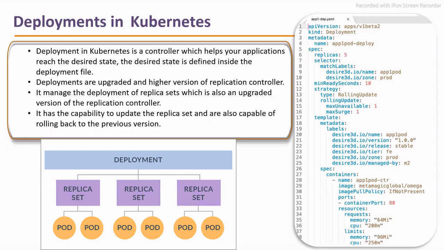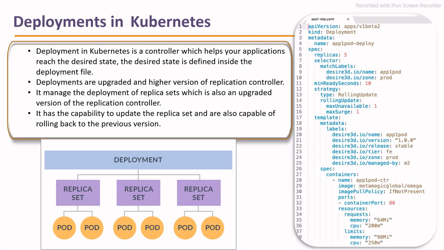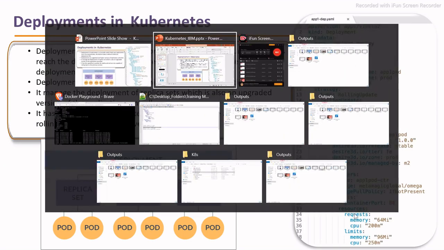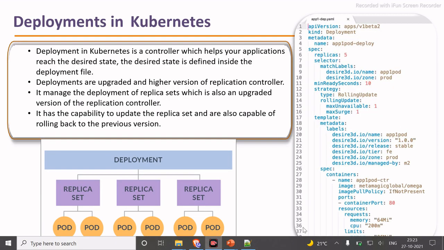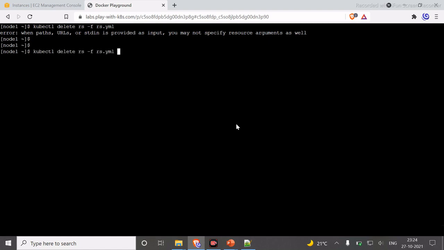Let us see some deployment examples. Delete replica set -f. Oh, sorry.